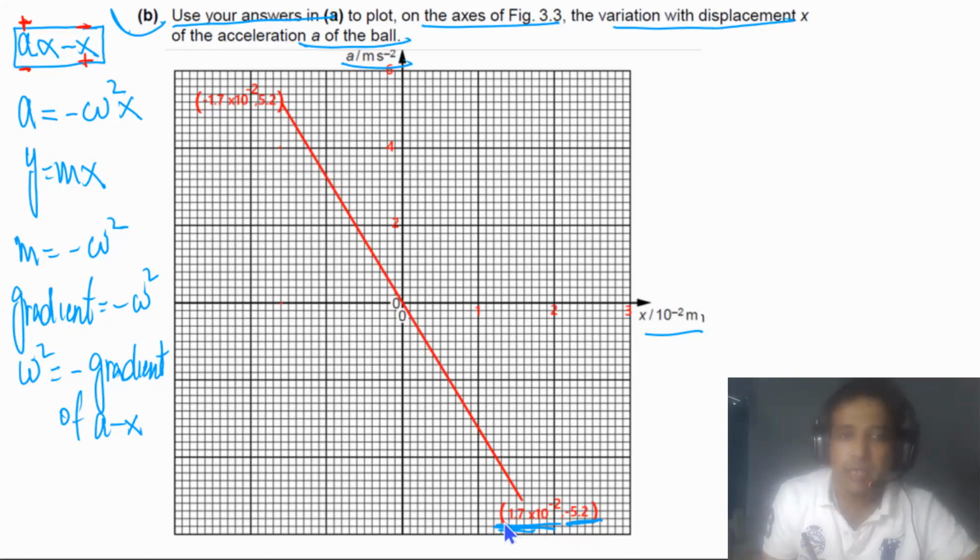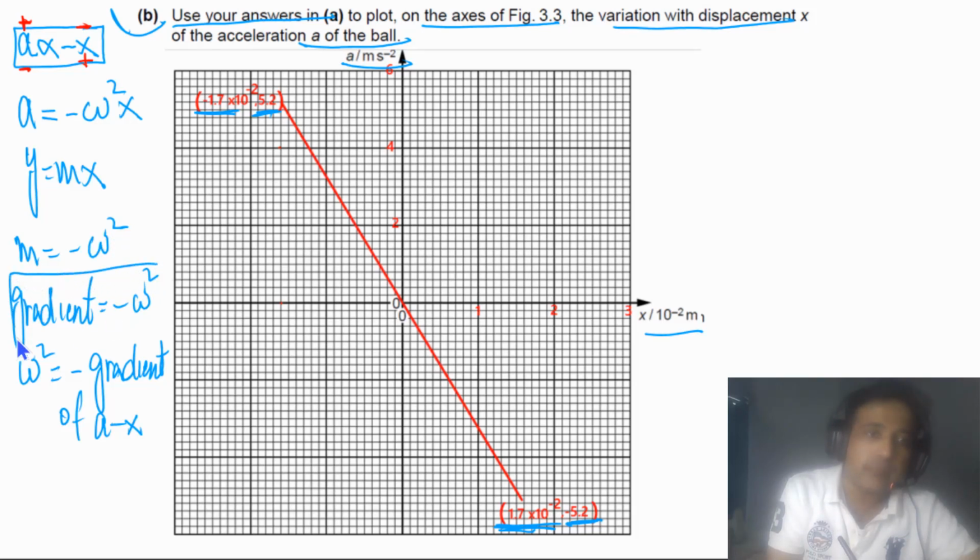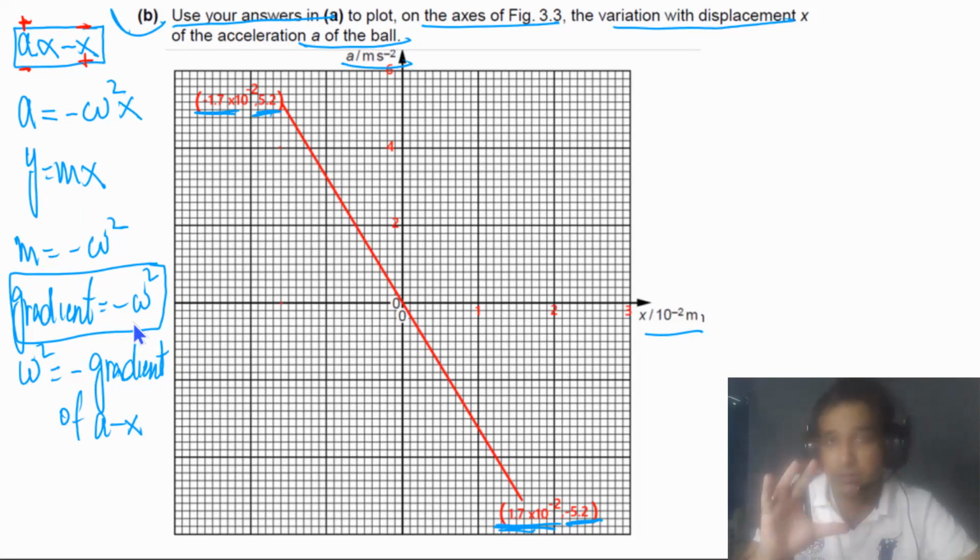So this has to be negative because x is positive, and when x is negative 1.7, a has to be positive 5.2. So it has to be a straight line, and the gradient has to be equal to negative omega squared. So this is very important, and omega is constant, so the gradient has to be constant.